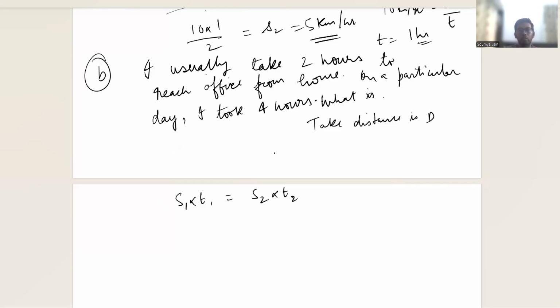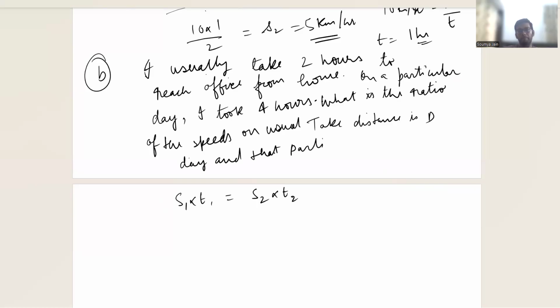What is the ratio of the speeds on the usual day and that particular day? Let's make it this way.